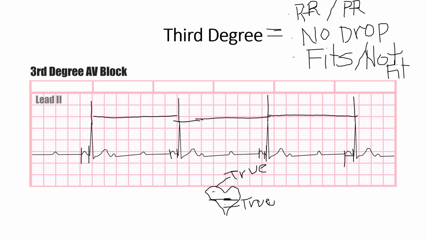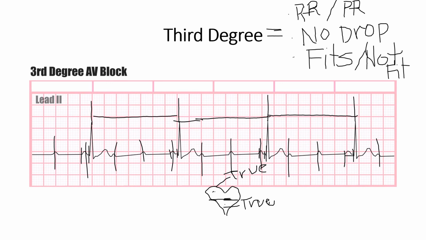I'm not going to go into that, but you also do not have any dropped P waves, which is what most people think you do, and you don't. They can get buried for physiological reasons, being that they're smaller and lower in conduction and all of that, but you definitely don't have any drops ever in a third degree, because what you have is a competitive pacing time. That's all you have.